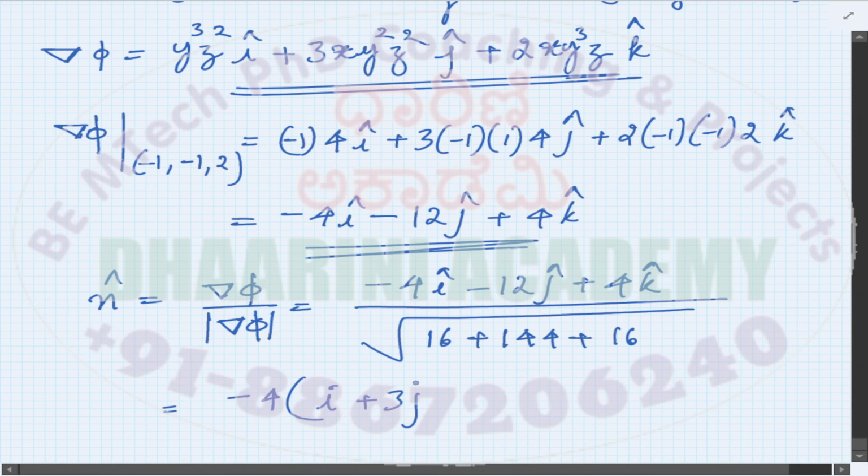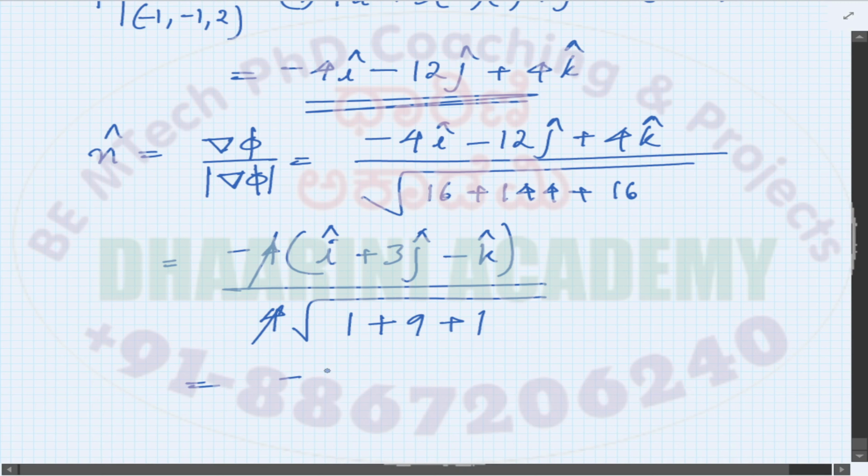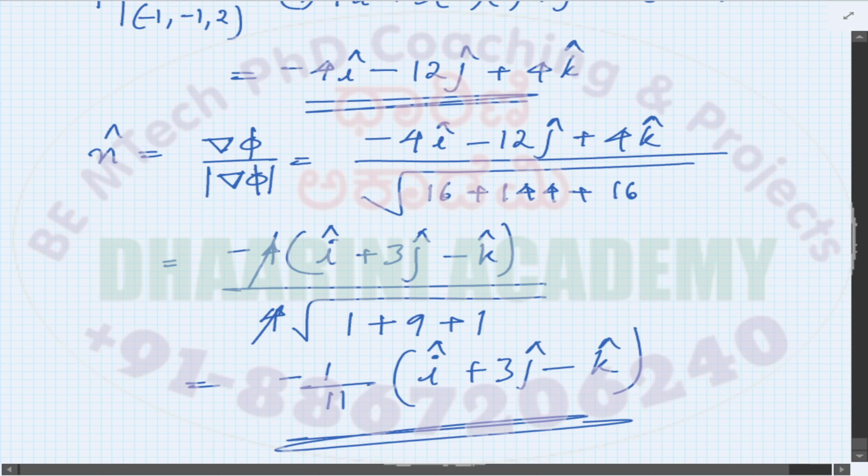So i cap plus 3j cap minus k cap, whole divided by, so when I take 16 outside, 16 becomes a 4, into root of 16 is gone out. This is 1 plus 9 plus 1, 9, 10, 11. So 4 gets cancelled. So this is minus 1 by root 11 times i plus 3j minus k. This is the required unit vector.